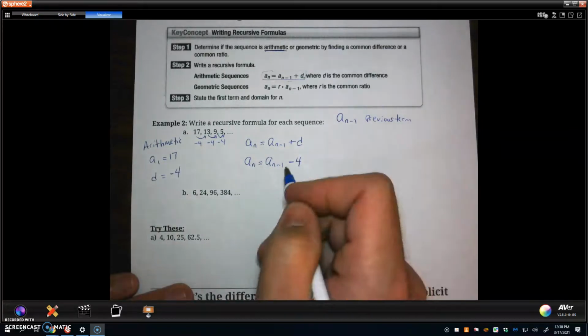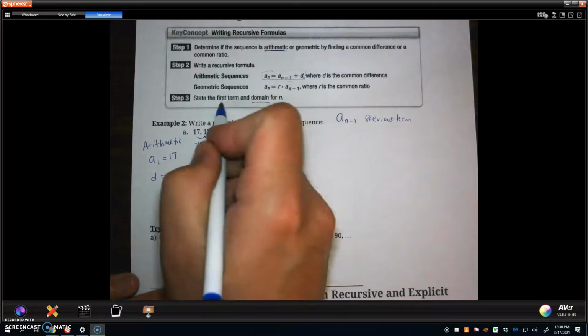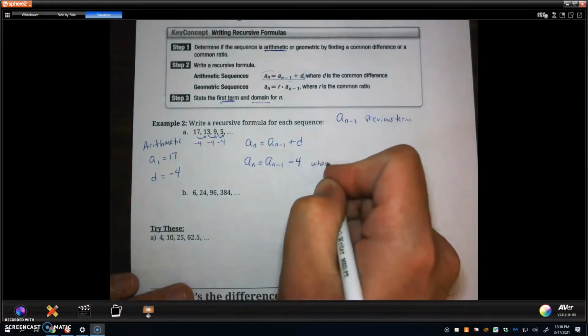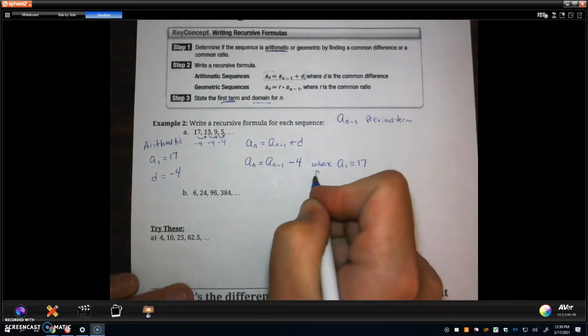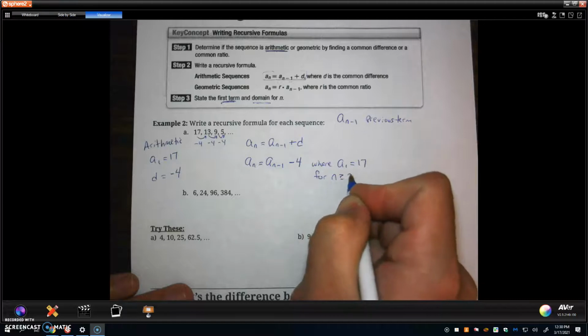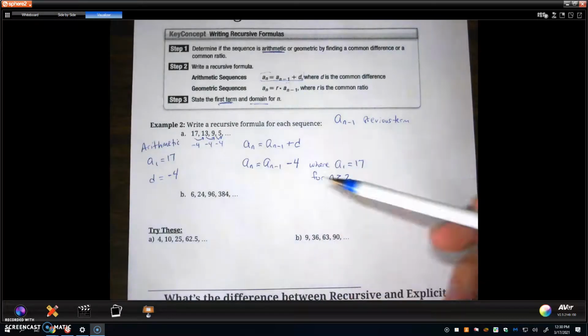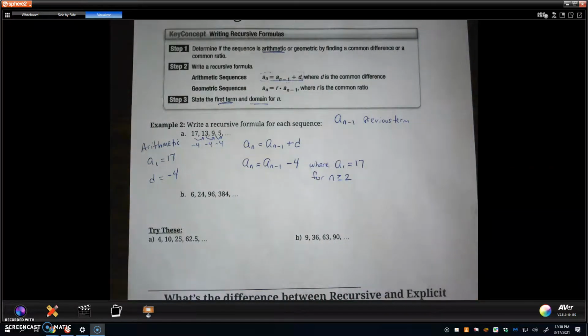So we're taking the previous term, subtract 4. And then you also have to give it the domain and the first term. Because remember, you can't do these without the first term. So we'll say where a sub 1 is 17, and for n greater than or equal to 2. Because after all, if you don't have the first term, you can't do it.